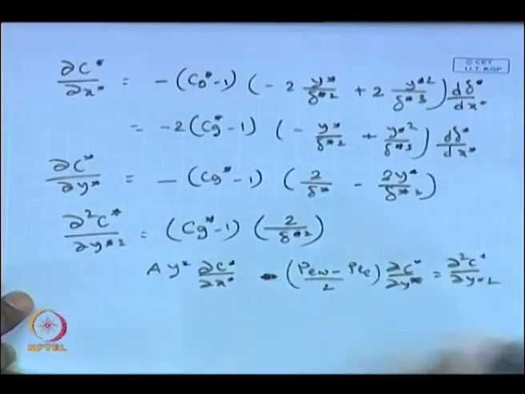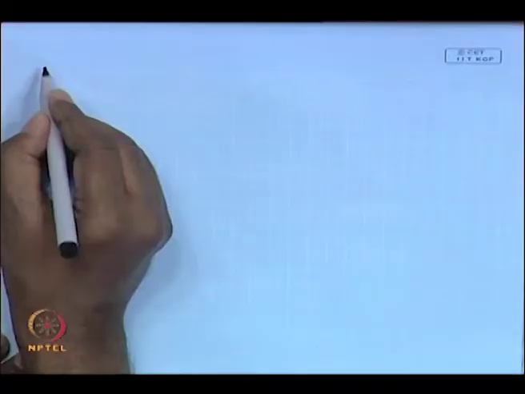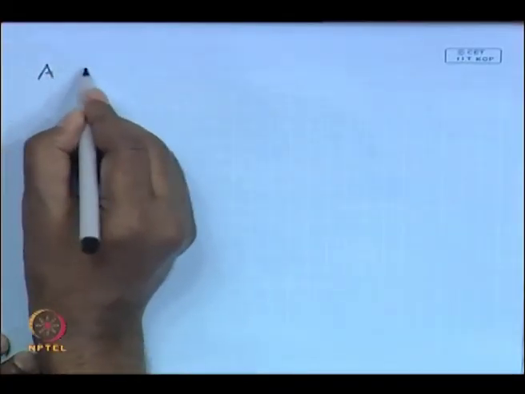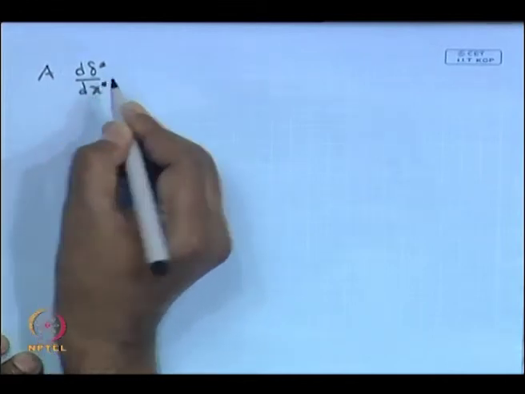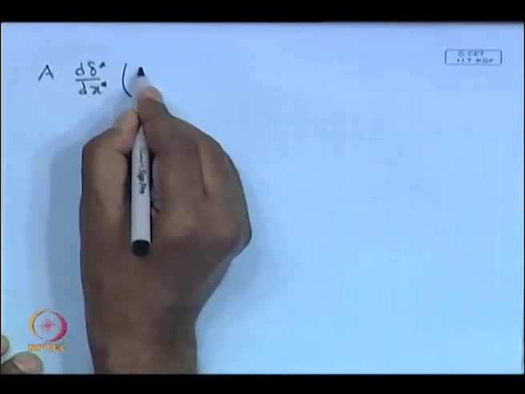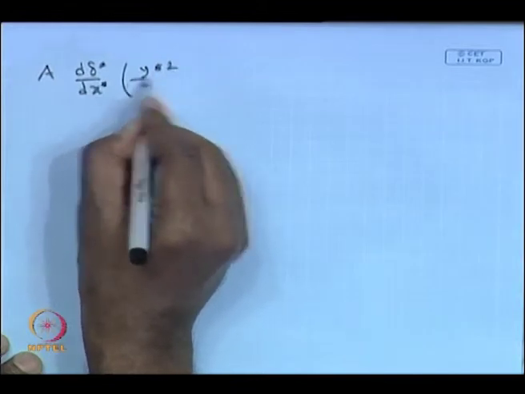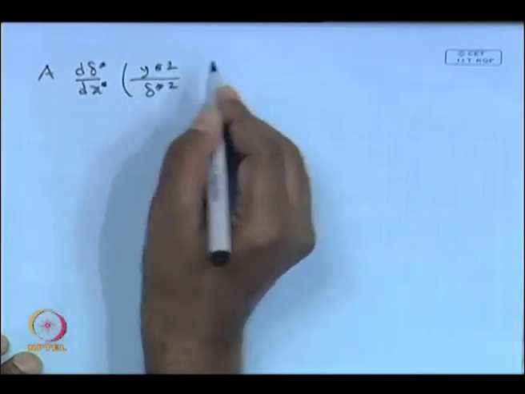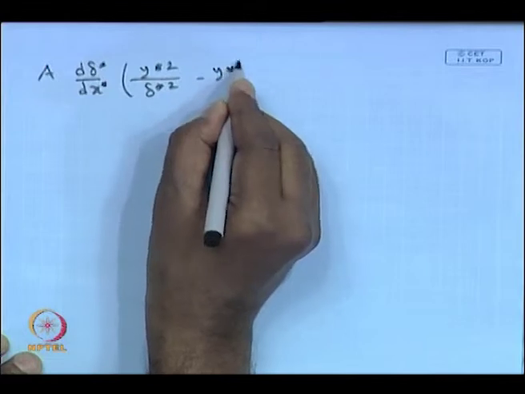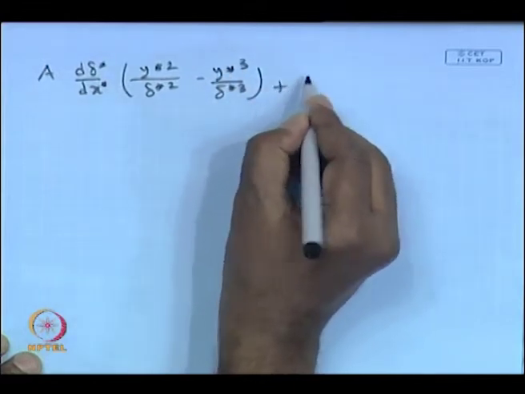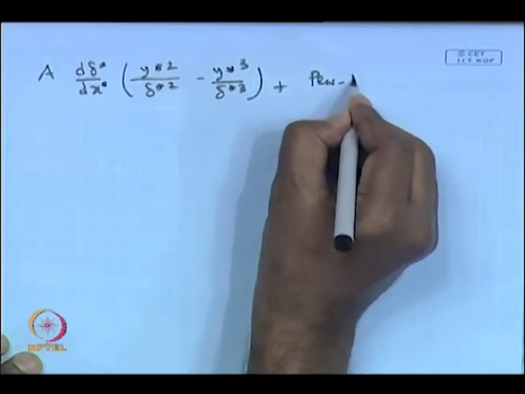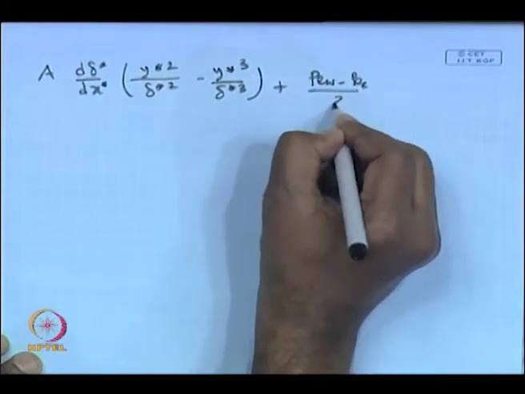If you substitute all these derivatives here, the final form that you are going to get is that A d delta star dx star times y star square divided by delta star square minus y star cube divided by delta star cube, plus Pe_w minus Pe_e divided by 2.